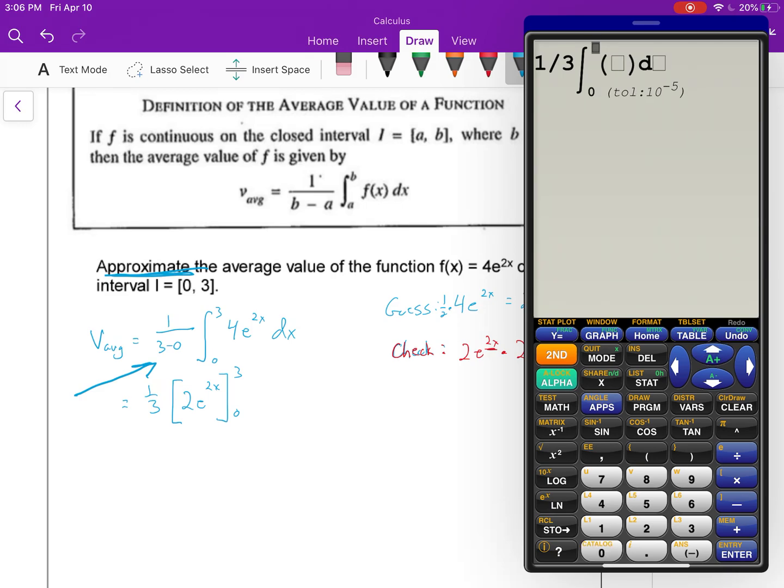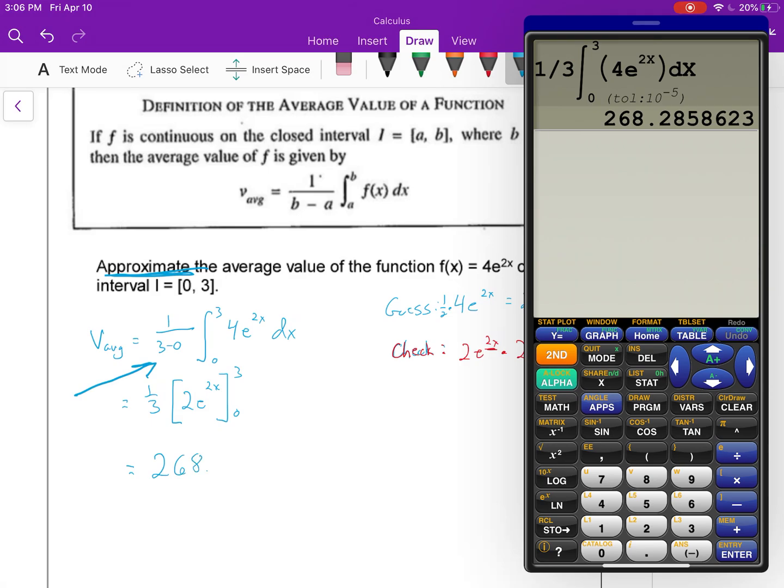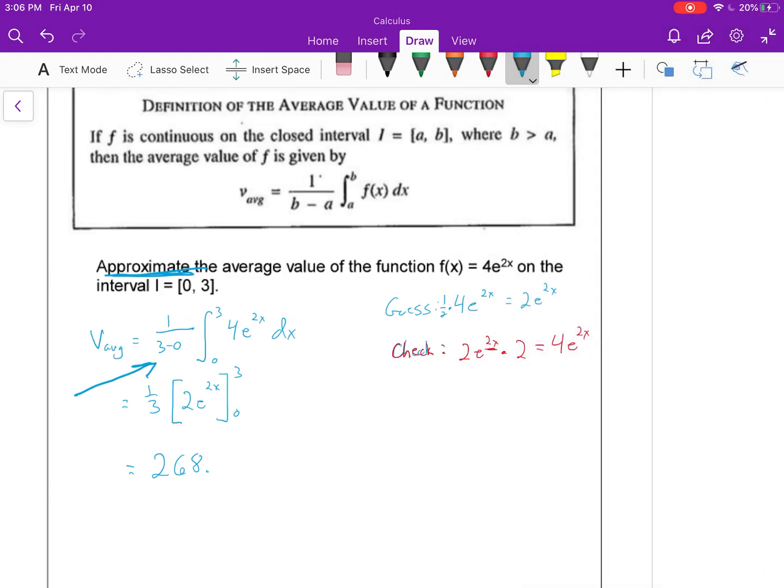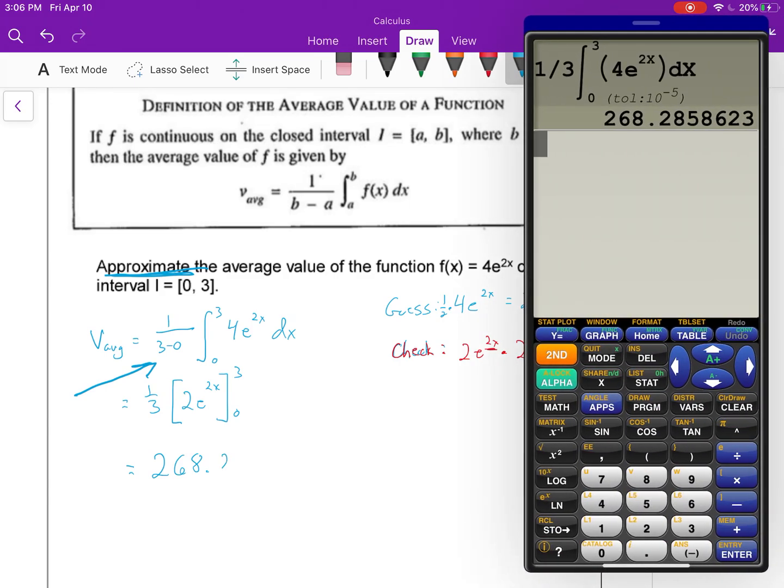So we went from 0 to 3. Now we want the function 4 times e to the 2x dx. And we get that the average value is 268.29. So there we have the average value.